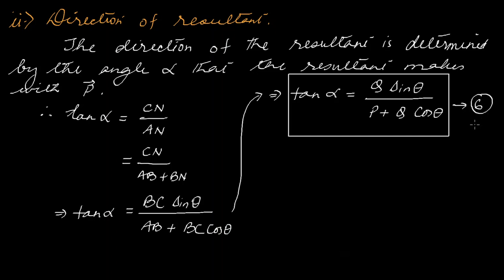So if the question comes in the exam to state the triangle law of addition of vectors and find the magnitude and the direction of the resultant, this is what you will do. You will start from the beginning.